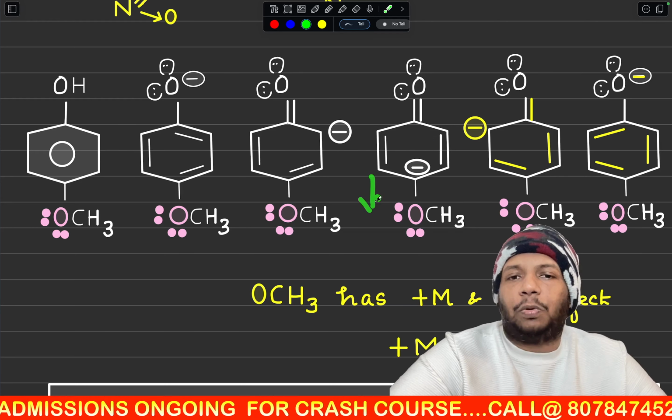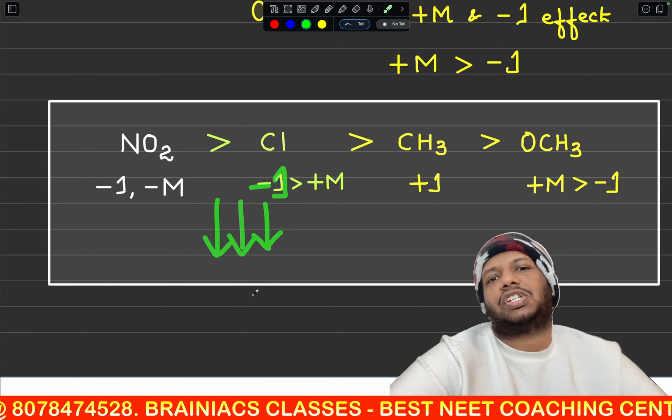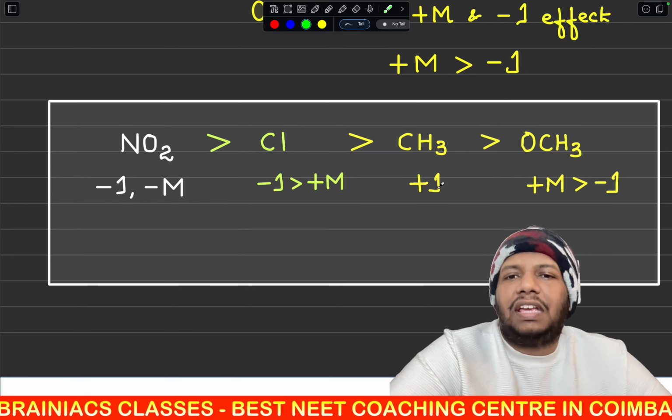Okay, so comparatively, if you compare all the acids, when you have minus I and minus M, that group when connected to an organic compound will have the maximum acidic strength. Next, halogen comes into the picture. Why? Because here minus I is dominant, as it pulls the electron more in the downward direction. Next, the CH3 group. Here some students may ask, sir, CH3 is pushing the electron in the upward direction and OCH3 is also pushing the electron in the upward direction, making it unstable.